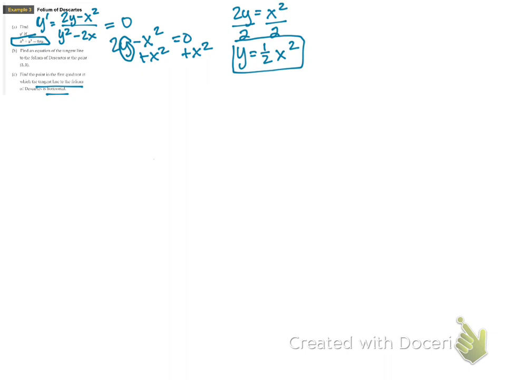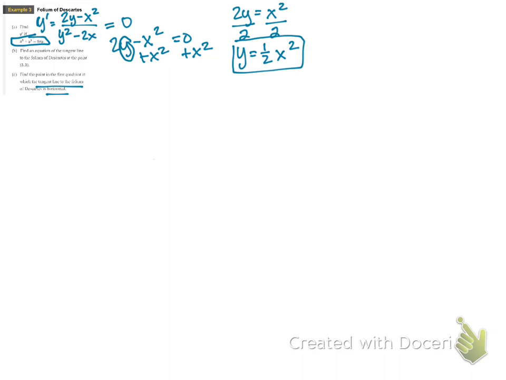Wait, why are we able to do that if we're finding that for y prime and plugging that back into just y? So what we know based on y prime equal to 0 is that it happens when y is equal to half x squared. We don't know what x is at that moment. Does that make sense? We know that our tangent line is horizontal when y equals half x squared.